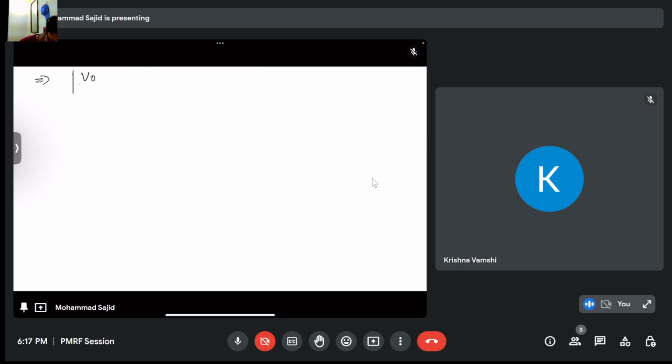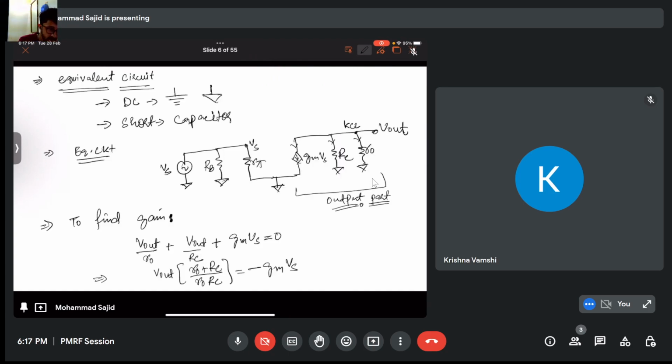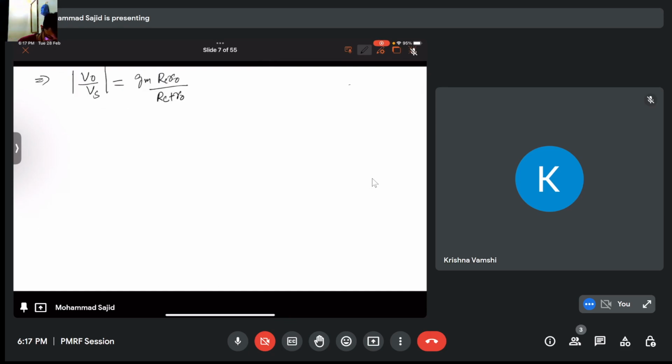So the magnitude of V naught by Vs will be equal to Gm times RC R naught divided by RC plus R naught, right? So this is the formula for the small signal voltage gain.